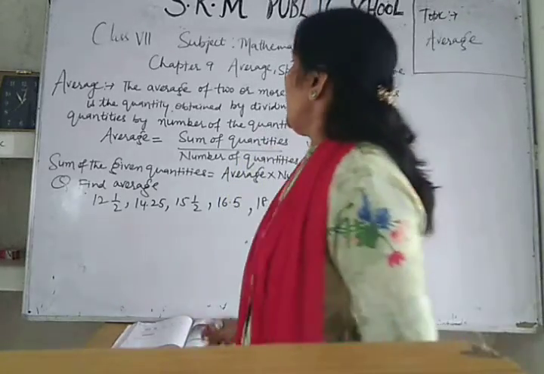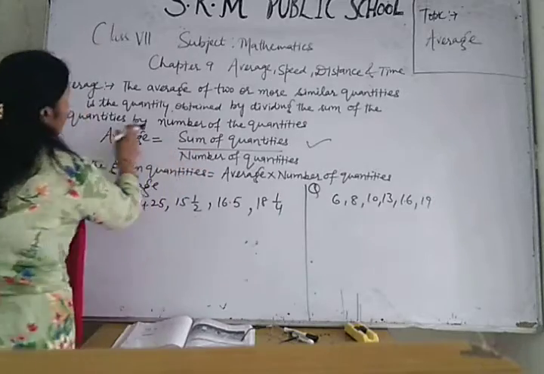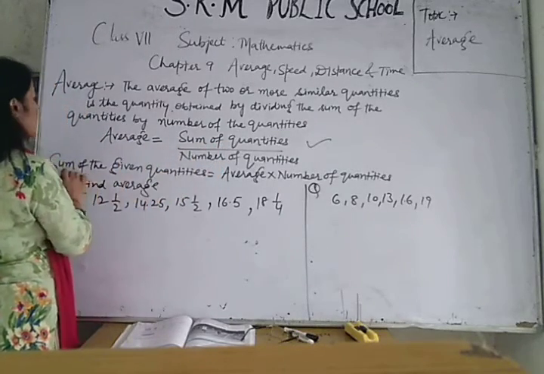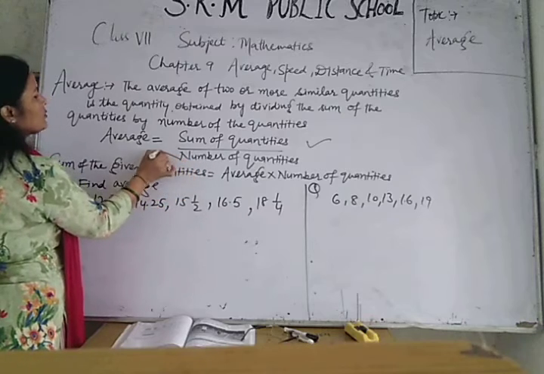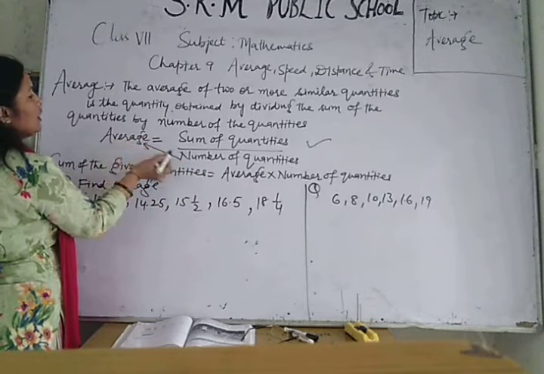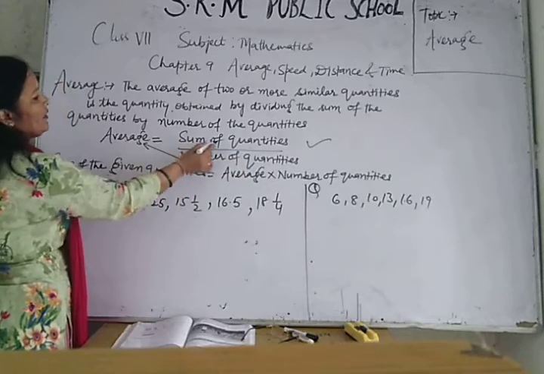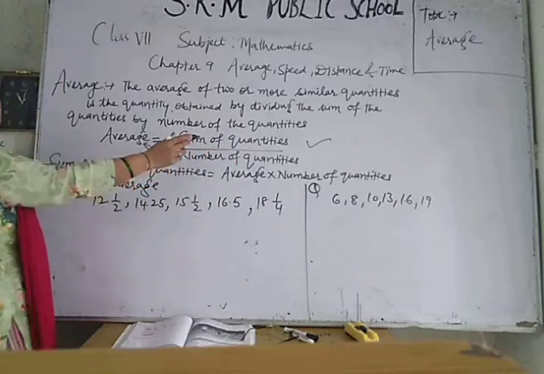With the help of this formula, we can get the sum of the quantities. By cross multiplication, average is multiplied by number of quantities, and you will get the sum of quantities.